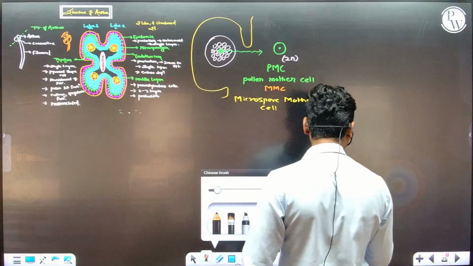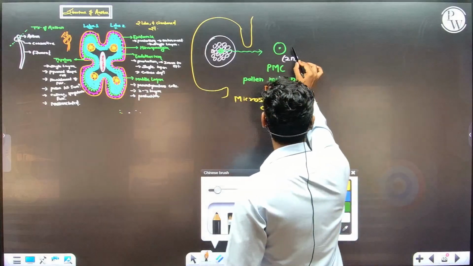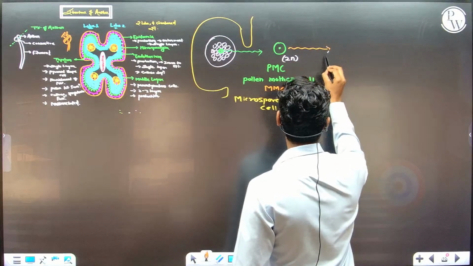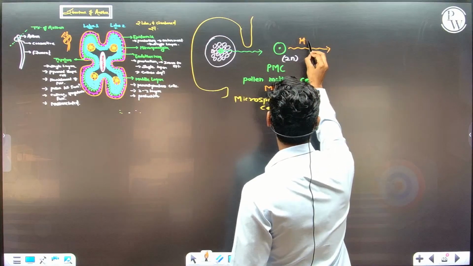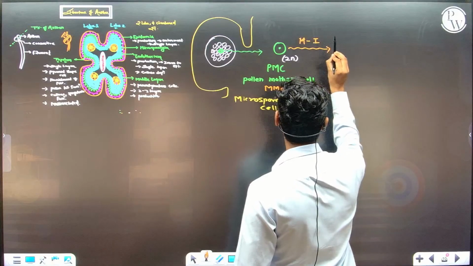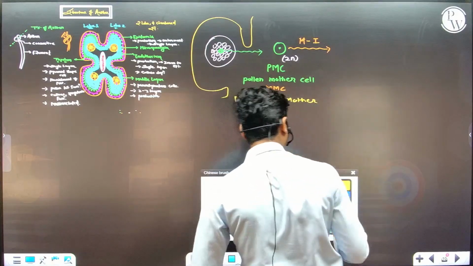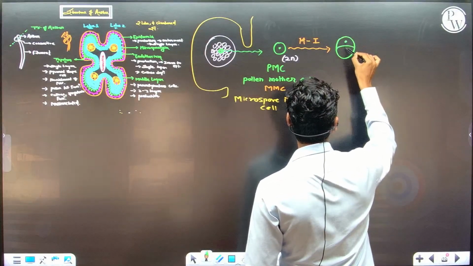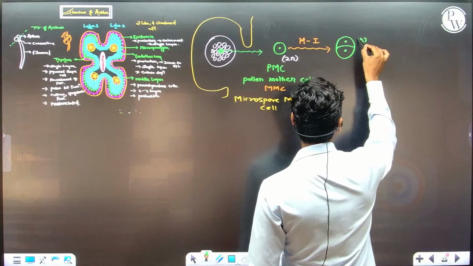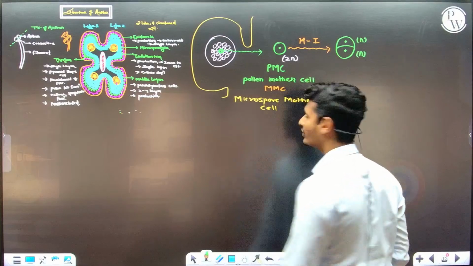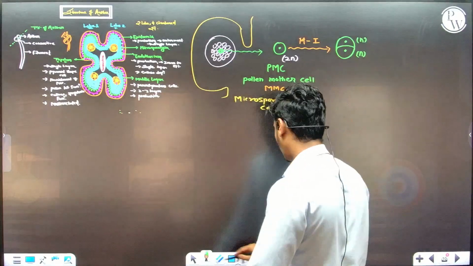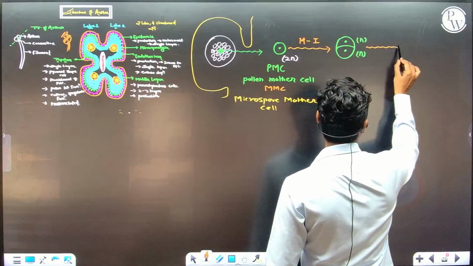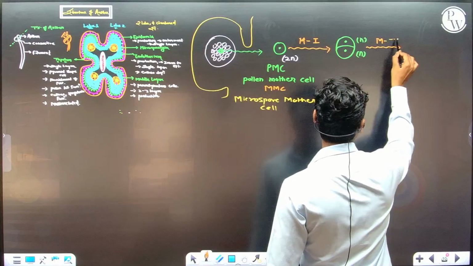For formation of pollen grain or male gamete, it performs meiosis, and meiosis has two types, meiosis 1 and meiosis 2. After meiosis 1, it becomes 2 cells with ploidy N and N, because meiosis 1 is a reductional division. Then it performs meiosis 2.